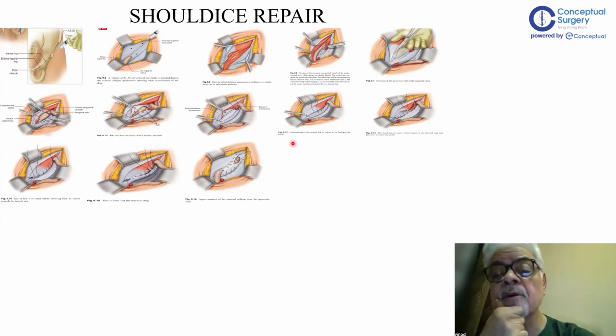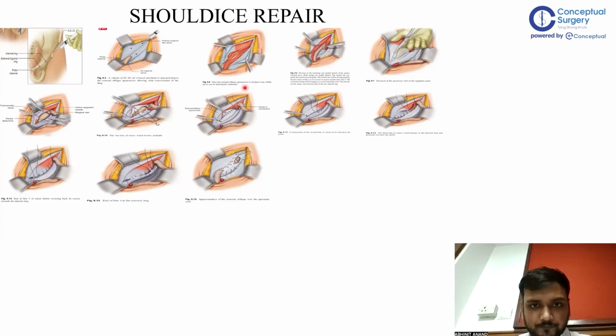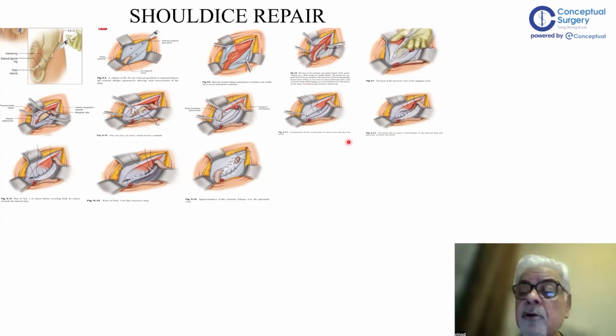Sometimes there may not be that kind of laxity in that region, so you may have to do what's called a relaxing incision, so that all these structures which are present medially can be moved a little more laterally, so that you can have a good repair with the least amount of tension. So remember the term relaxing incision, which may be required in this repair.